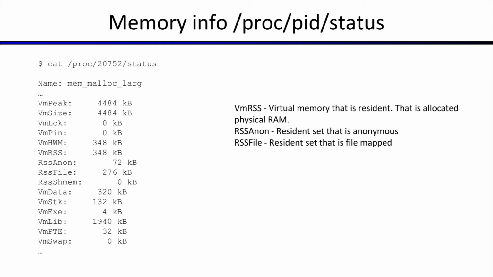And then VmSwap, and this is another detail we will get to later, if it has used any swap virtual memory. So that's an interesting bit of information you can get from this one. Usually when I look at program memory, I go to my resident set, and maybe the anonymous and file-level distribution. Total virtual memory gives you a lot more data across the board as well, but at times it is not hugely relevant because we don't care about what's not in the RAM as much.